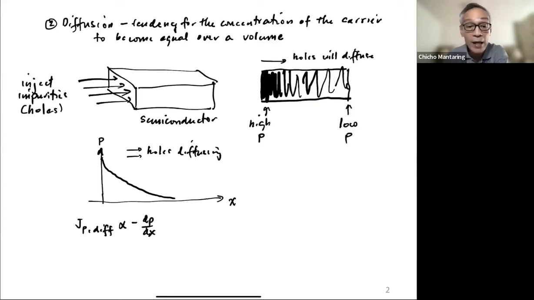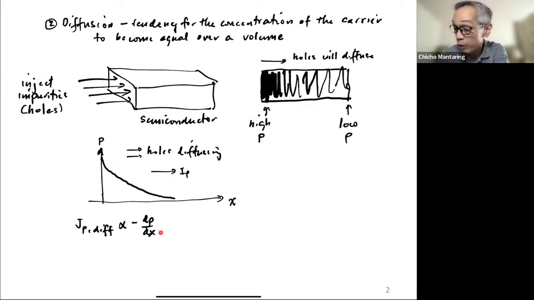Now, why negative? Because take note that here, P is decreasing, and therefore dP/dx is negative. On the other hand, your current is from left to right. So this is your current, I of P. It is from left to right. And then this is a negative slope. So this current is going to be proportional to the negative of the negative slope.